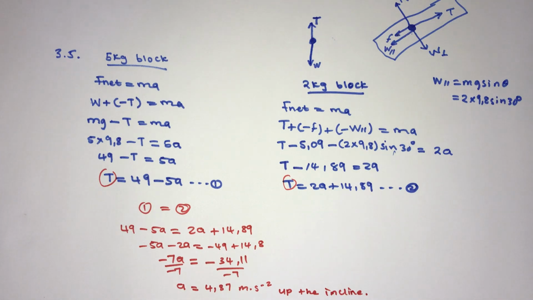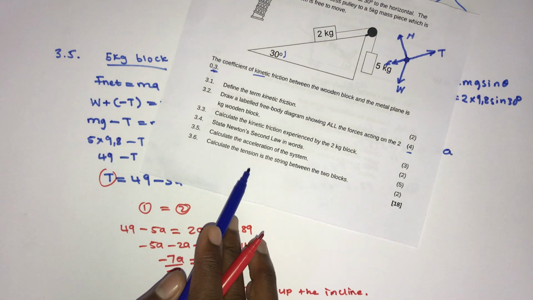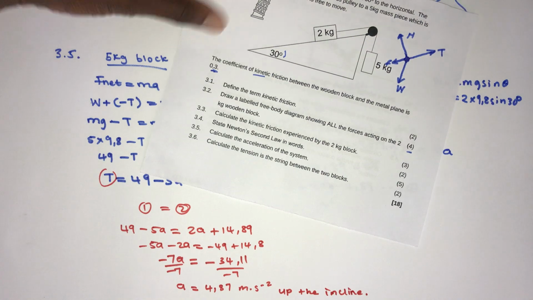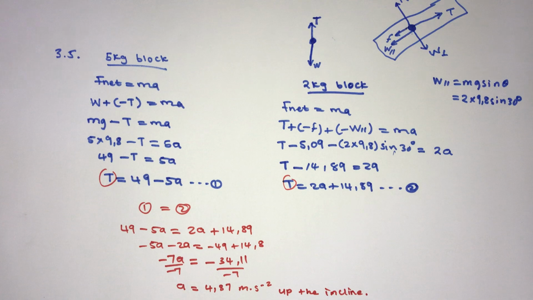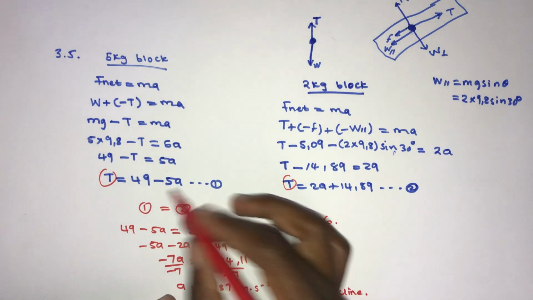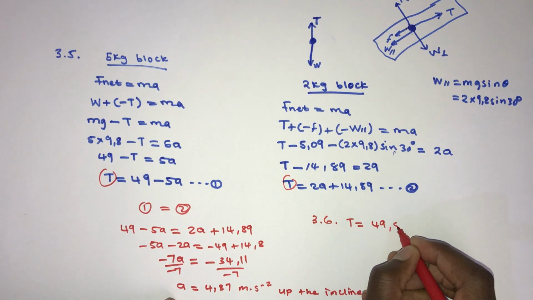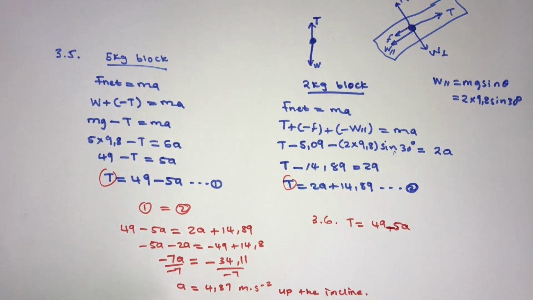So now let's check the last question. The last question says we must calculate the tension on the string between the two blocks. So to calculate the tension, it's easy now. You just choose one of the equations. So let's say this one is 3.6. You can take equation 1, T is equals to 49 minus 5a.